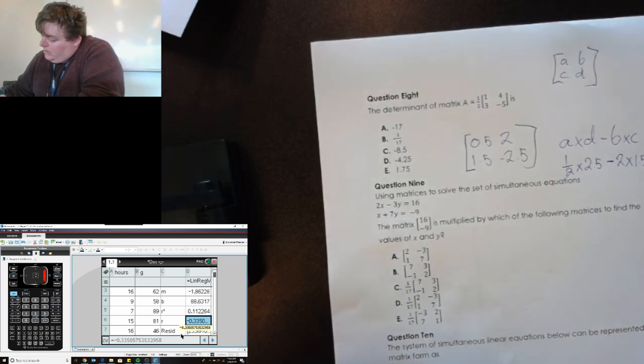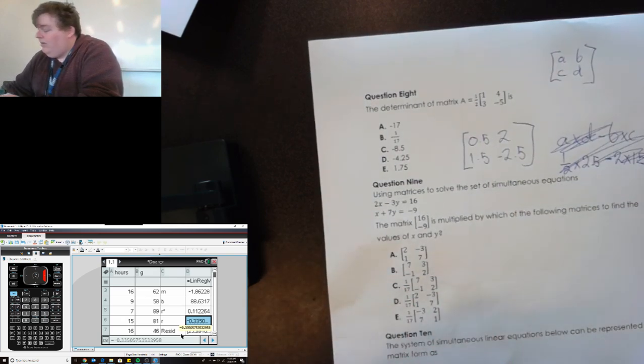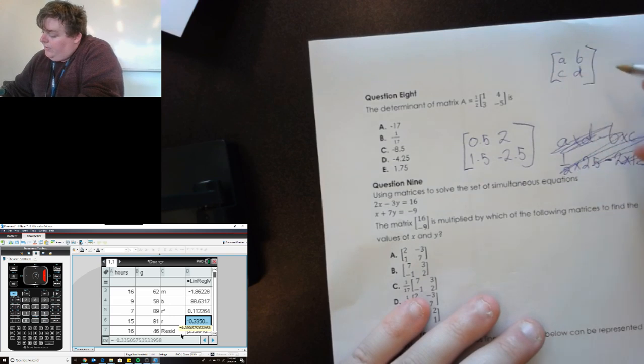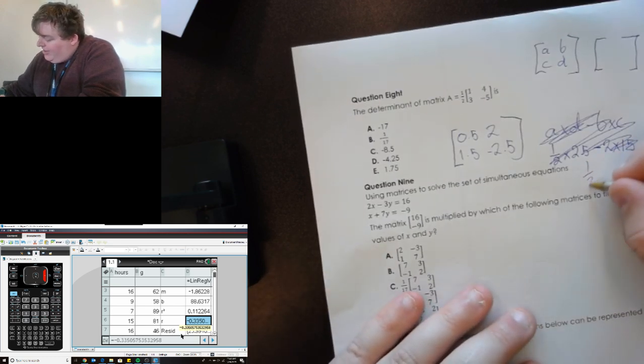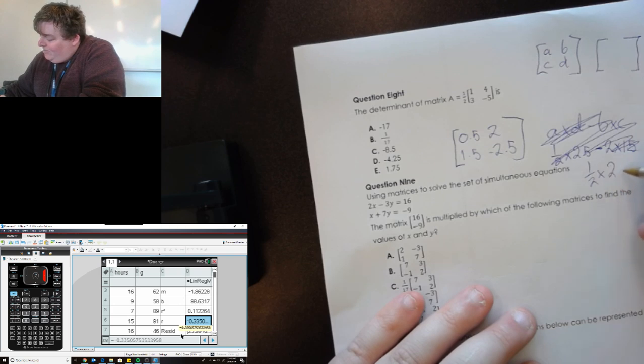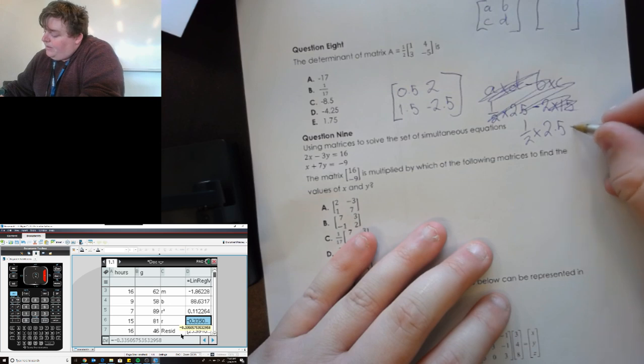Did I do that right? Oh shoot, I gotta swap these values around. Sorry, that's my mistake. So you gotta change them when you're doing an inverse to, oh no, that shouldn't matter. No, it's fine. Okay, so a half times 2.5, we bring this back into shot, minus 2 times 1.5.